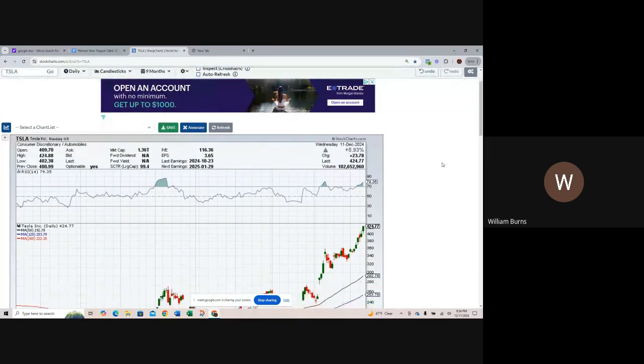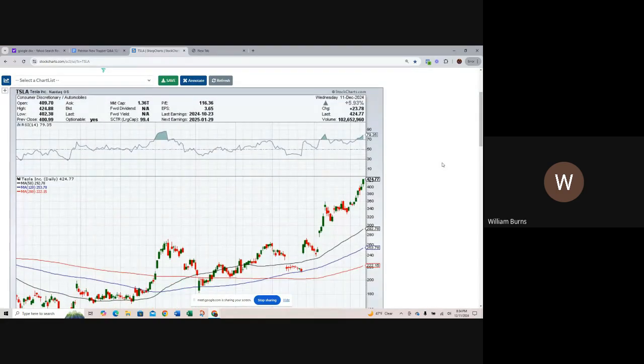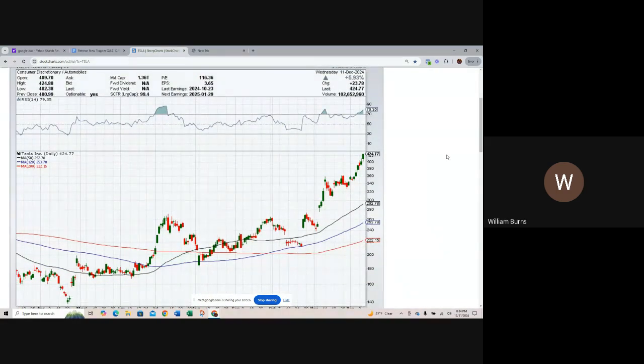The momentum is there because of Elon Musk and the administration, but the RSI is pretty high right now to be jumping in.